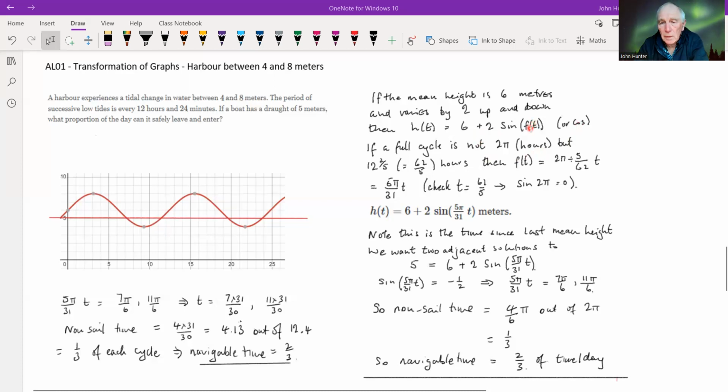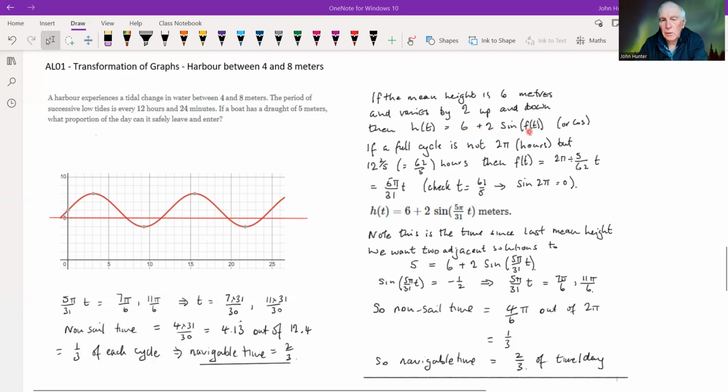It's because the sine of some function of t is going to vary between -1 and +1. 2 times that is going to be between -2 and +2, and then if we add 6, that's going to take us between 4 and 8. So that's a first shot, if you like, and that's basically given us what's happening vertically. These are the kind of vertical transformation parameters.